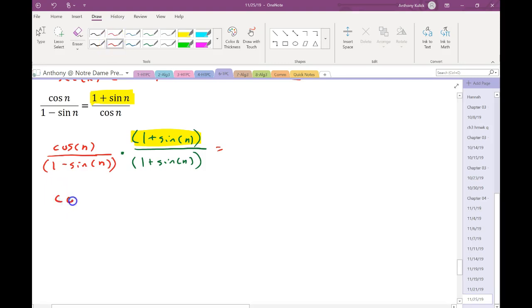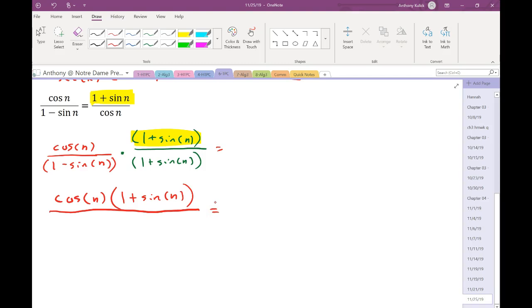So, if I rewrite this then, should I distribute the cosine through to that 1 plus sine n? No, why not? I need that 1 plus sine n to be by itself. Somehow this cosine I'm going to need to have cancel out. Not quite sure how that's going to happen, but I know it has to happen, right? Okay, and then what should I do with the denominator?